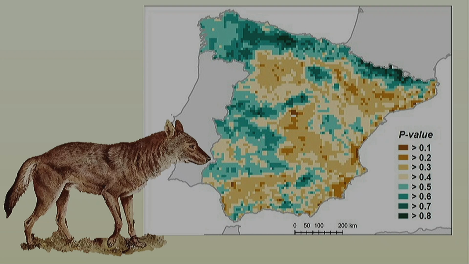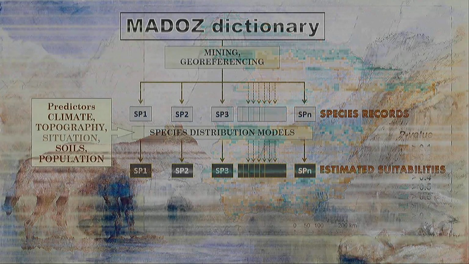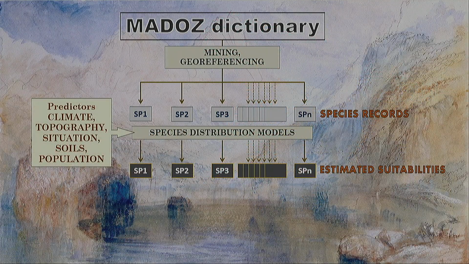So from the result of the model, we could provide an estimated distribution of the wolf in the mid-19th century in Spain. So this is what we are doing now for the crop and forest species. We will have a model like that of the wolf for every one of the species, or at least for the most common species in the vegetation and crops.